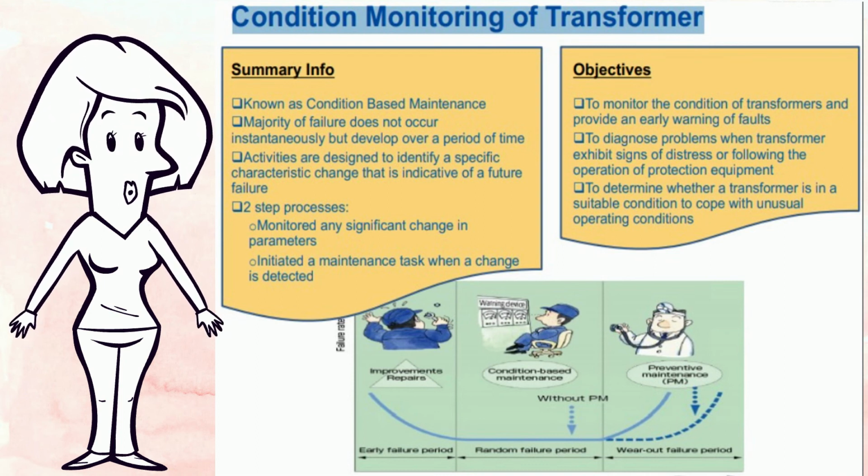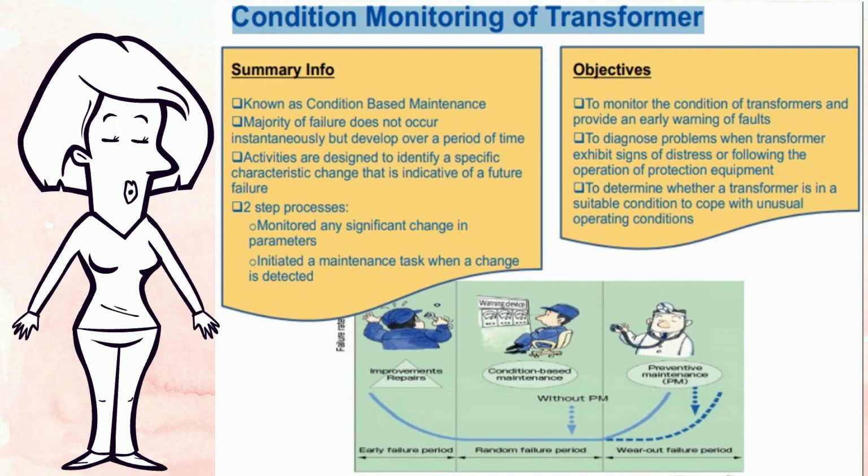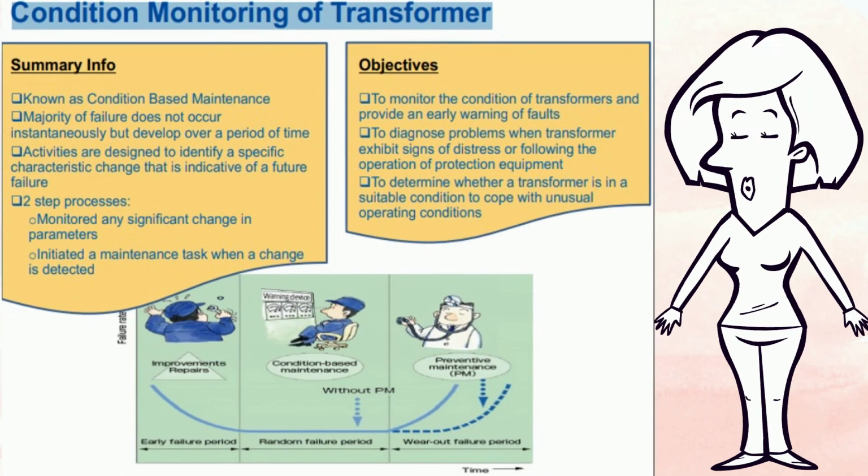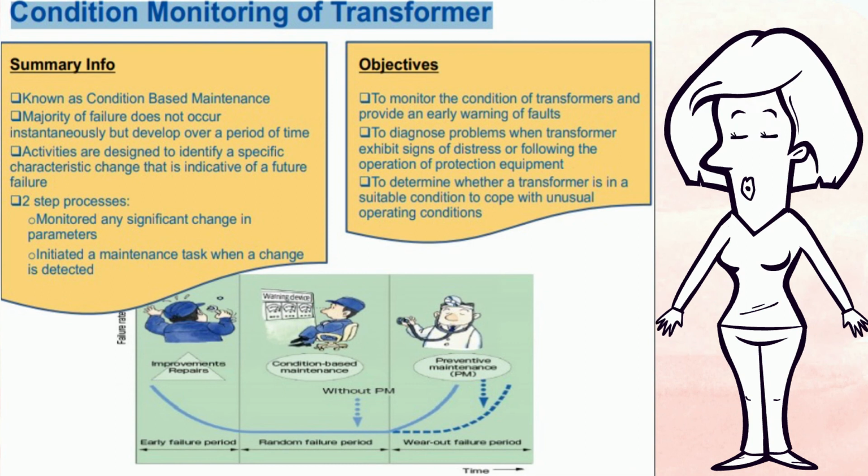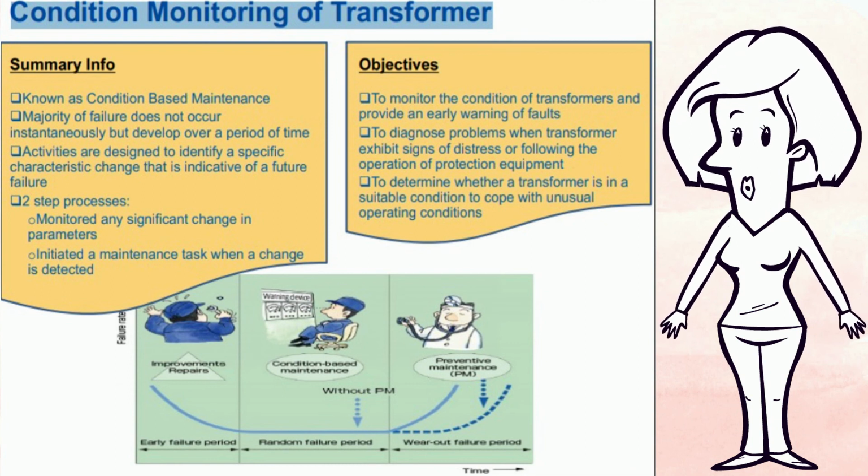Two-step process. Number 1, monitor any significant change in parameters. Number 2, initiate a maintenance task when a change is detected. The objectives are: number 1, to monitor the condition of the transformer and provide an early warning of fault.